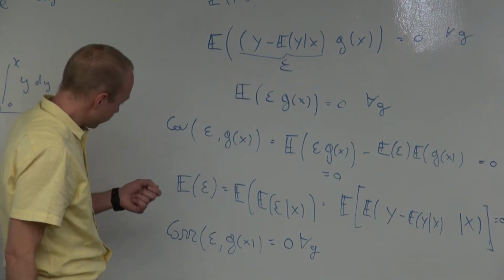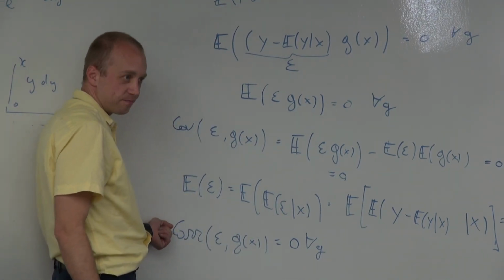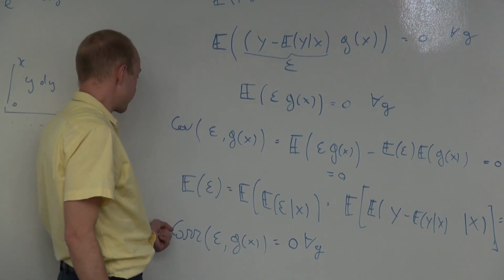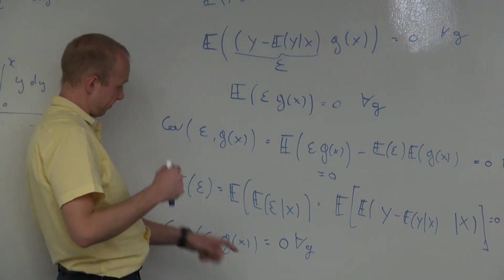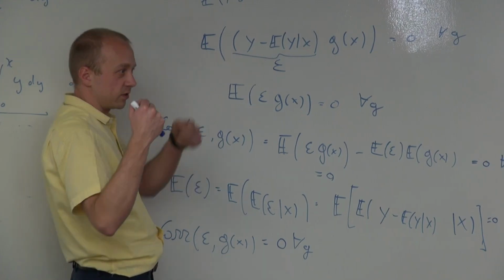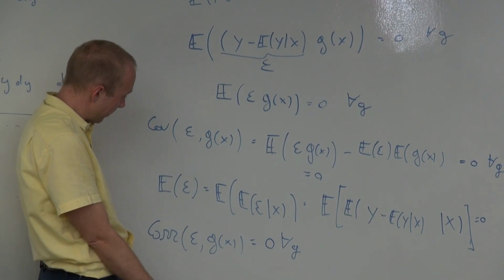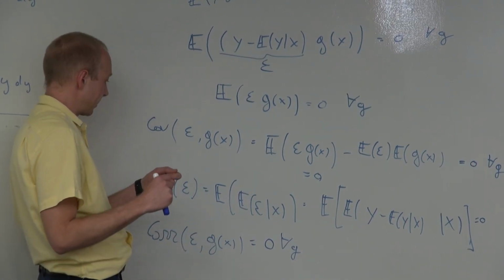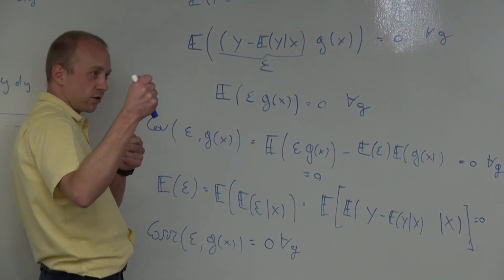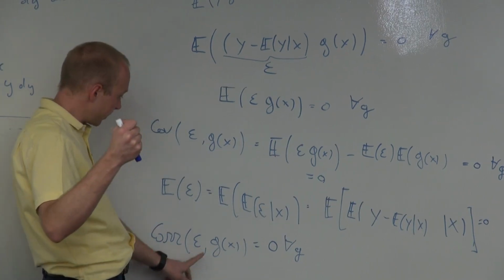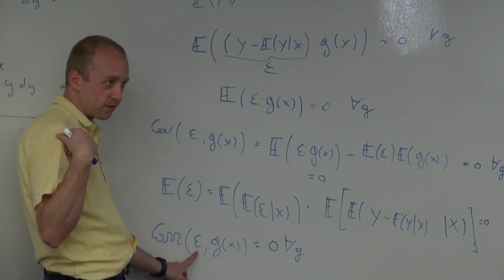If the correlation were not 0, it would mean, for example, that if one variable goes up, the other goes up, or if one goes down, the other goes down. So you could exploit the fact that x is growing to predict that epsilon will also change.